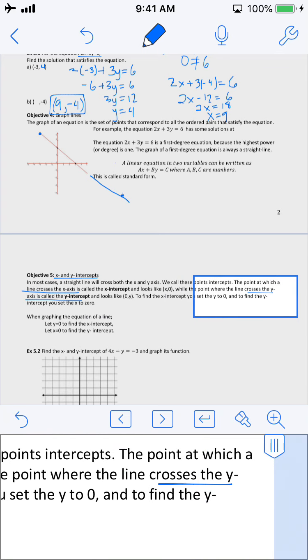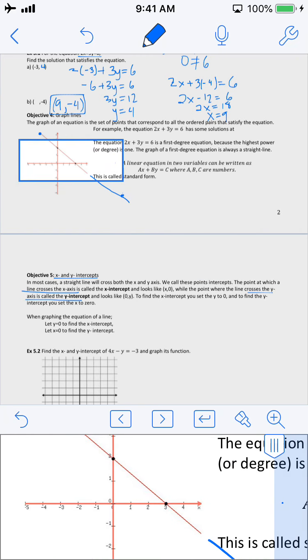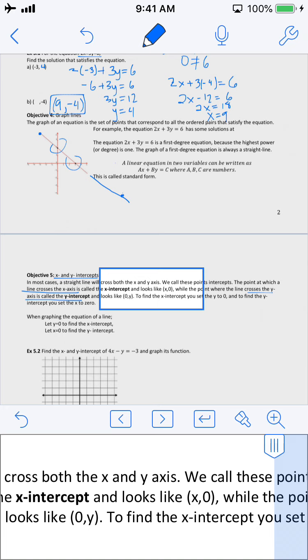Woot. Sweet. Most people remember that. And if I show you the graph up here of that same equation, you could very easily pick out the x and y intercepts.